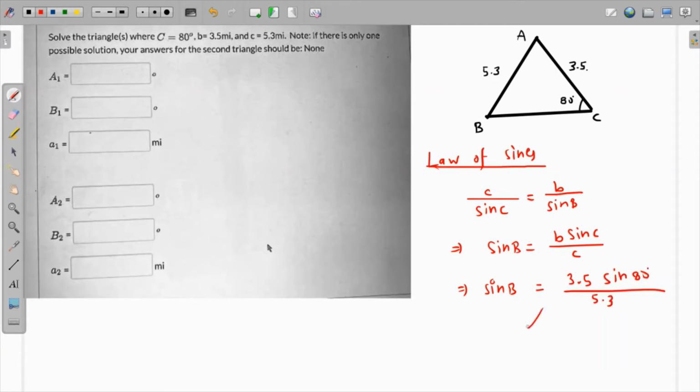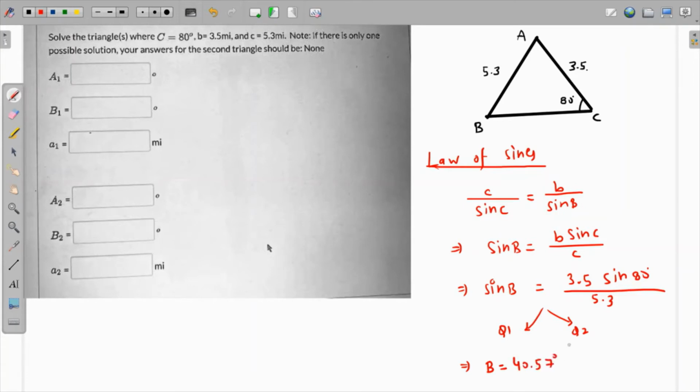Now just remember that sine is positive in two quadrants, quadrant 1 and quadrant 2. So angle B can be obtuse as well, because if it is in quadrant 2 it is obtuse. So we need to get both the angles from here. The quadrant 1 angle is coming as, let me grab my calculator, 3.5 times sine of 80 over 5.3. The sine inverse of this value is 40.57 degrees up to 2 decimal places.